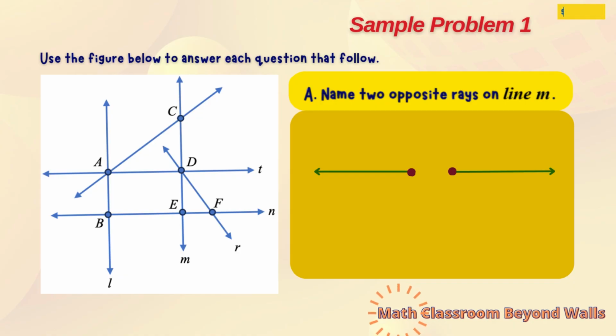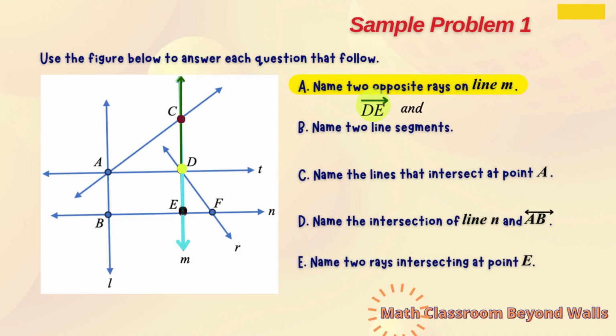So, we will look for line M on our diagram first and then determine opposite rays that are on the line. Let's go. Here are the rays, ray DE and ray DC.